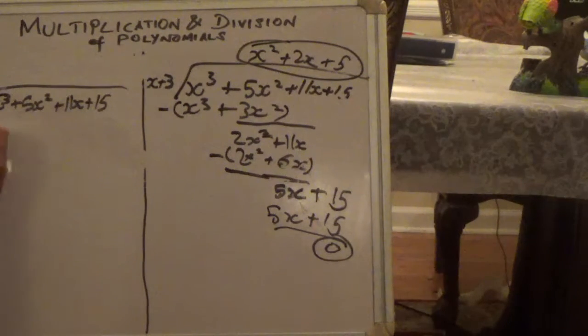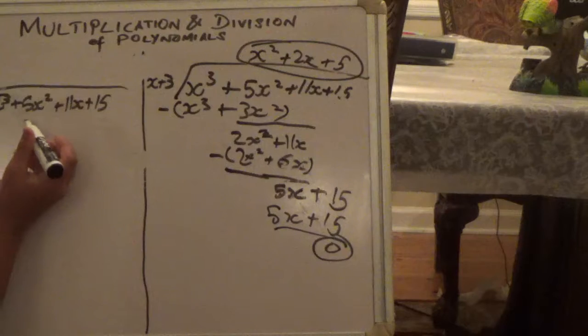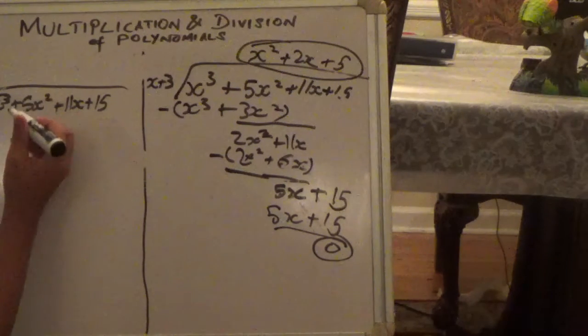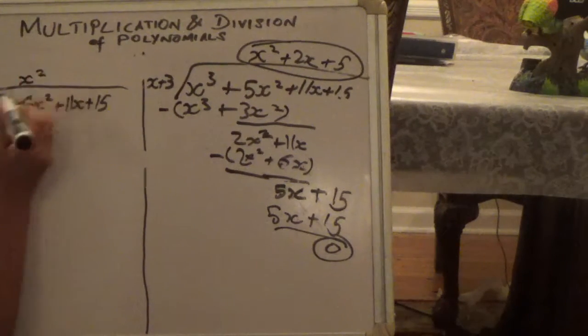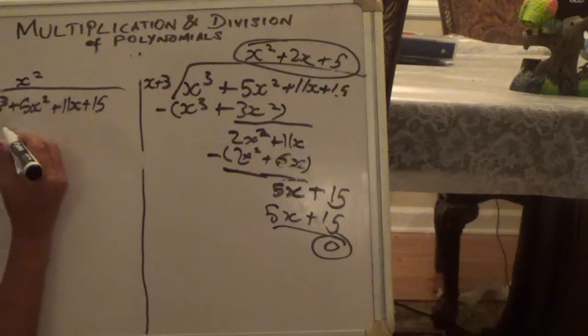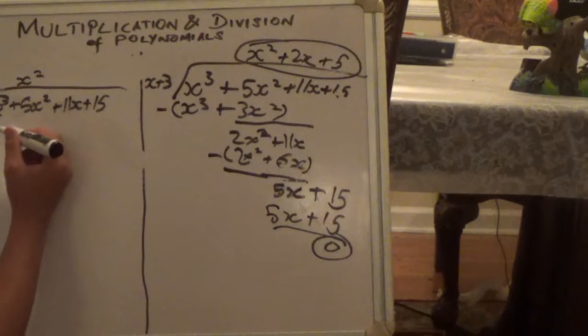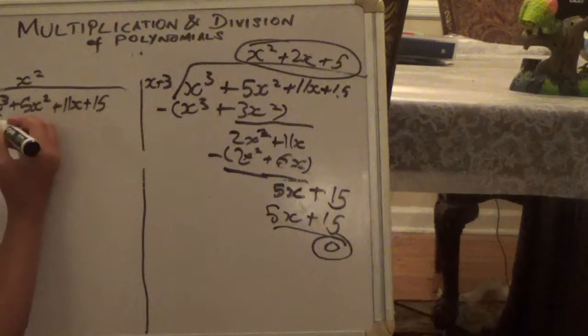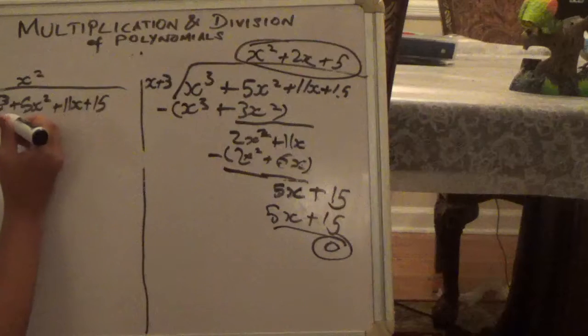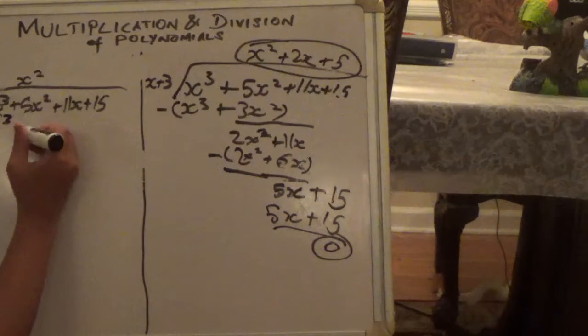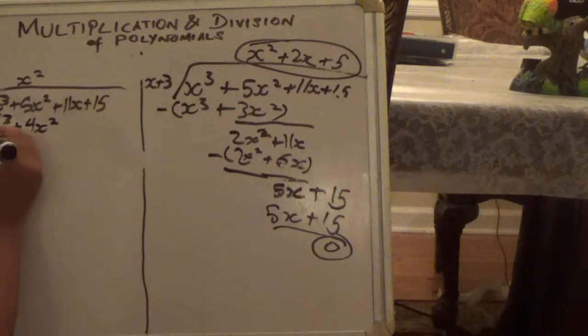Okay, so x plus 4 into x cubed plus 5x squared. Let's do exactly what we did. Put an x squared because x times x squared is x cubed. You just need to make sure it fits the leading coefficient: what you multiply to get the leading coefficient of this. So when you multiply, you get x cubed plus 4x squared.